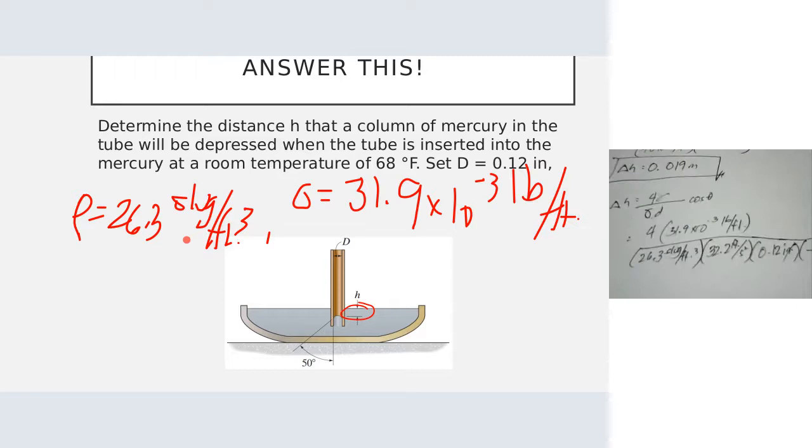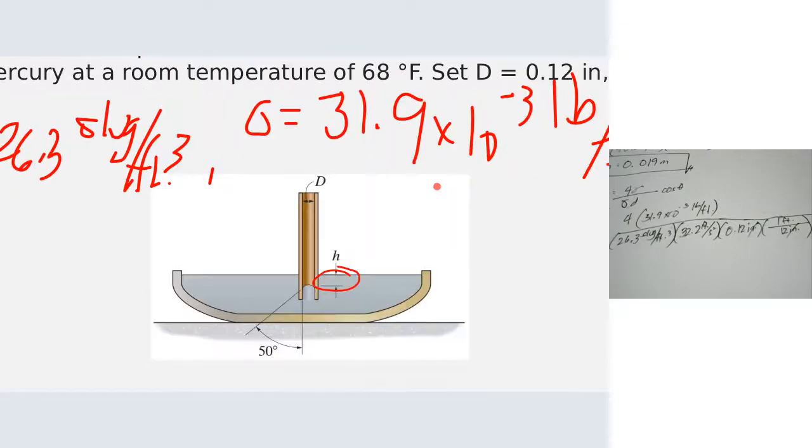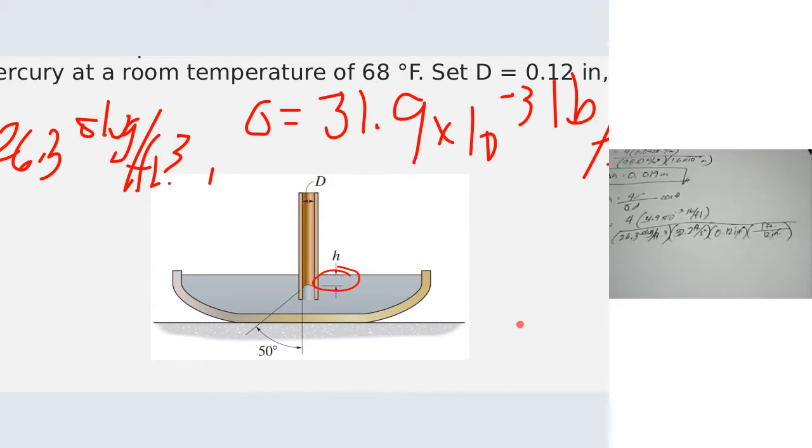Kompleto na ba yung solution natin? Kompleto na po ba? Yes. Meron pa tayong angle.